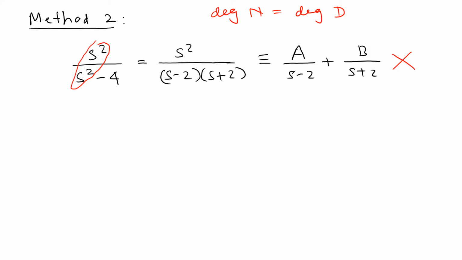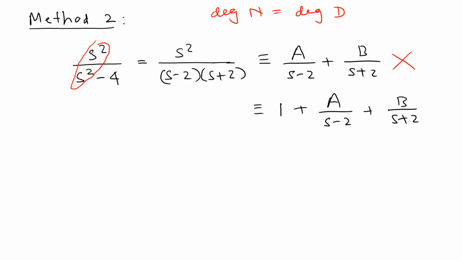When you divide these two, just the leading coefficients, s squared over s squared actually gives you 1. So the correct factorization of this one would not be that one. You get 1 when you divide, plus the rest. So it's a over s minus 2 plus b over s plus 2.